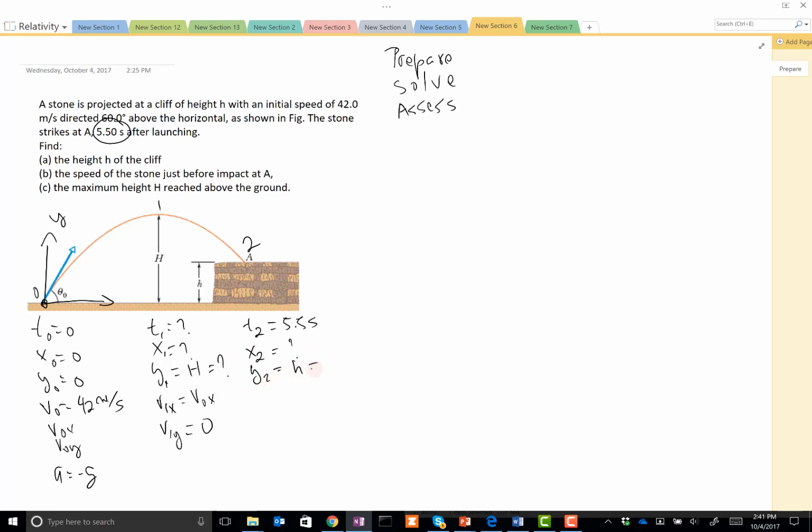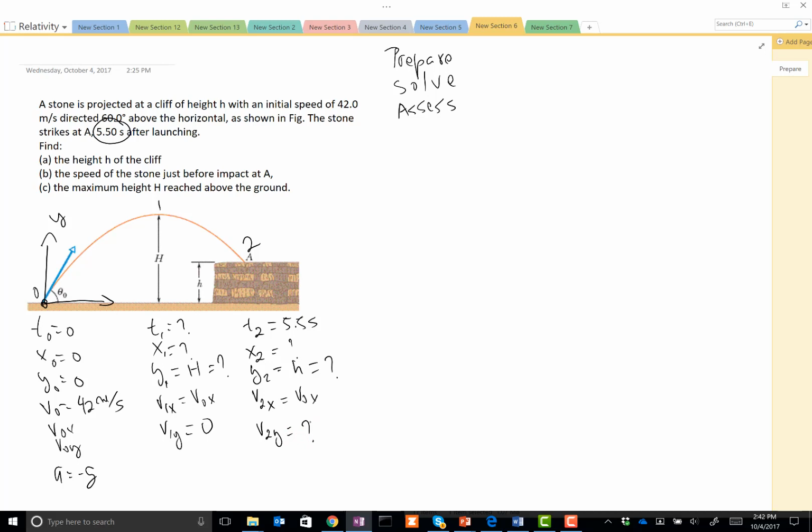That is little h, and that is something that we need to find. So again, v2x is equal to v0x, never changes. So that we can find, because we know v0 and we know the angle. And v2y, that we don't know, and we need to find that.